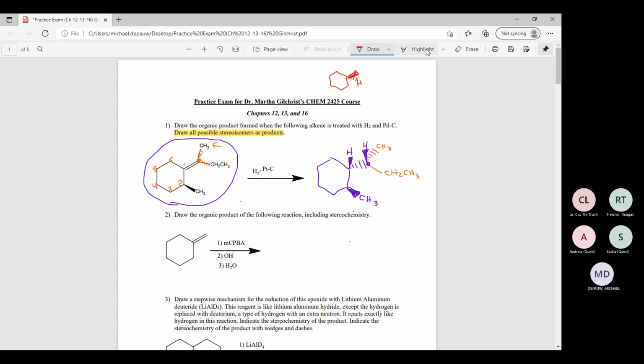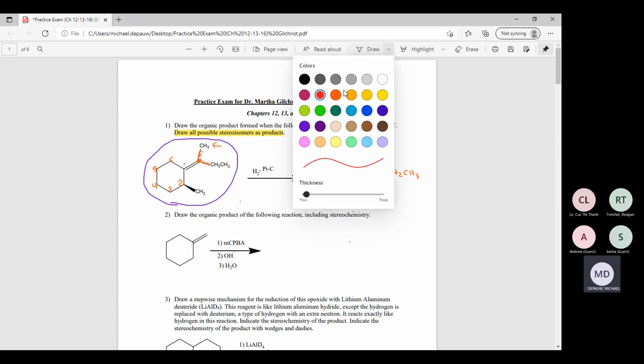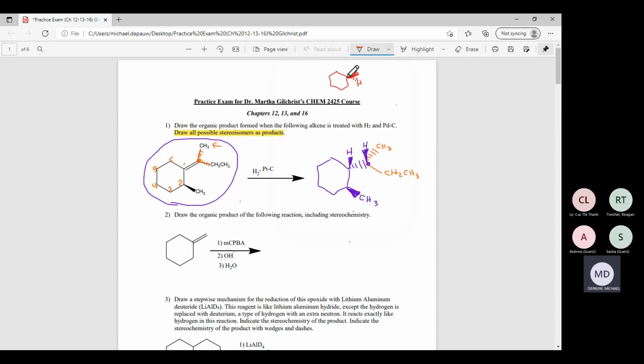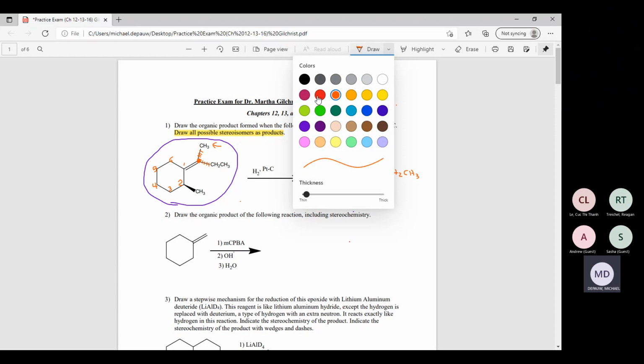Let me change my color real quick. Here's my orange. There we go. Here's my number one carbon. And then, of course, I don't really necessarily need the number in this case, but oh well.